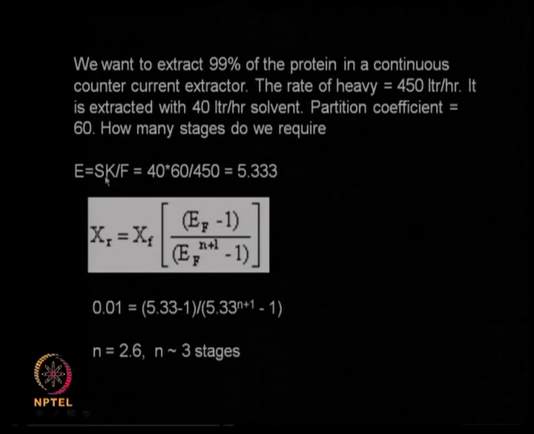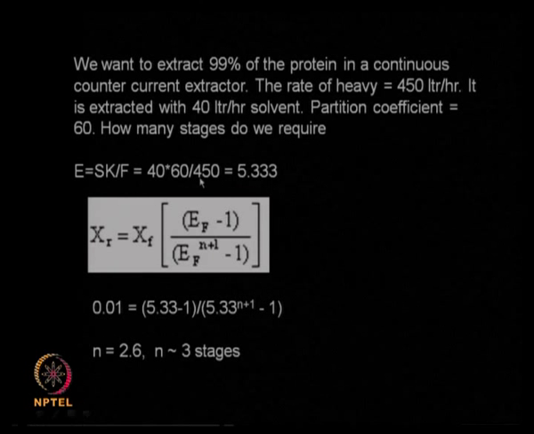Again E is given by this formula, S into K by F. S is the solvent rate, K is the partition coefficient, F is the feed rate. So if I substitute all these I get E as 5.33. Now you take this equation, I want to extract 99%, right. So XR by XF will be 0.01, that means only 1% of the solute is left behind in the raffinate.